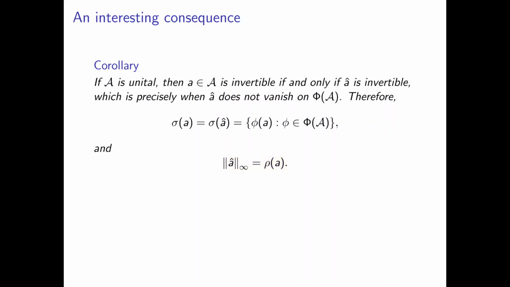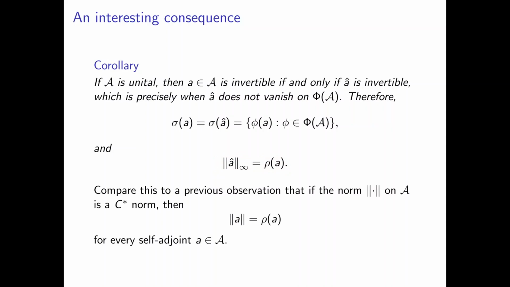And now, before I go on to the proof, I just want to compare this statement to another one which I made in the video about spectral theory. And that is that if we have a C-star norm on A, that is, if A is a C-star algebra with a C-star norm, then the norm of self-adjoint elements will just be their spectral radius.